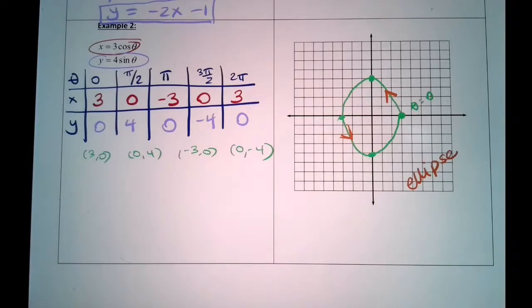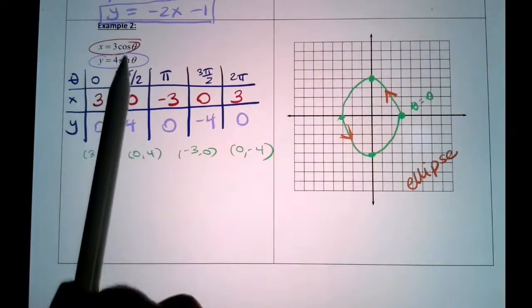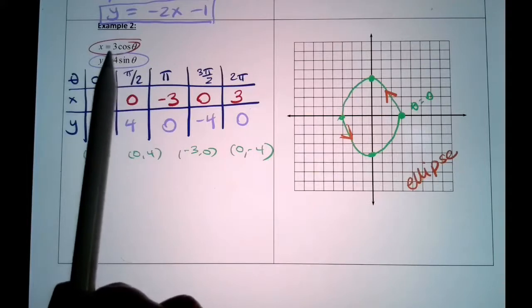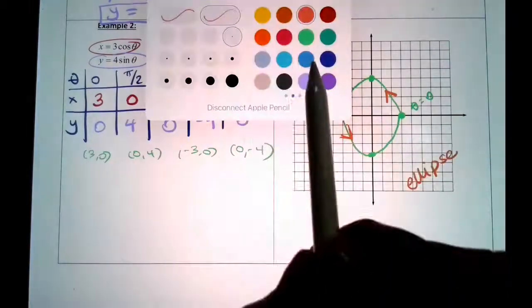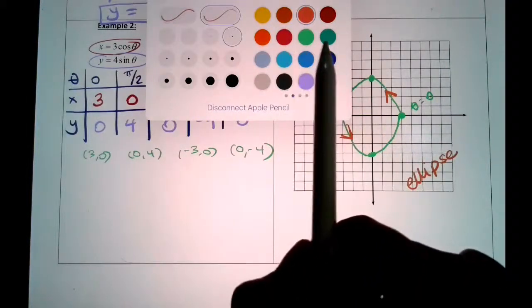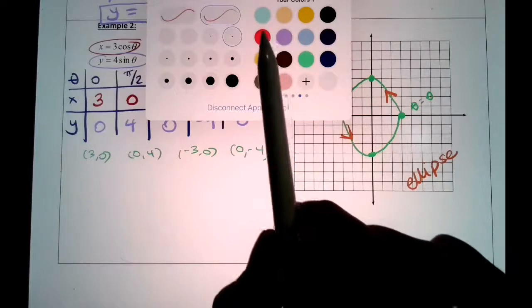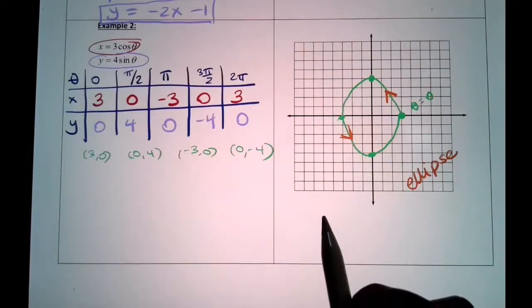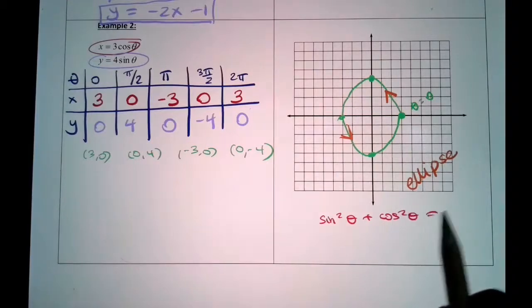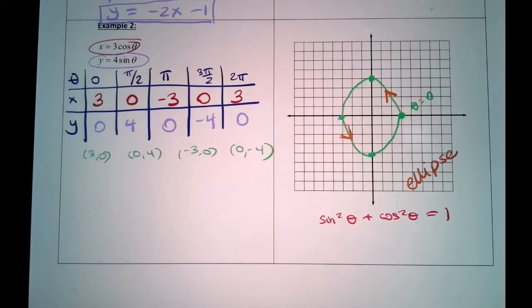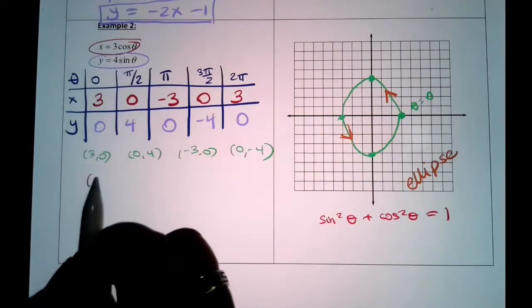For trig, what I'm going to capitalize on here is to take a look at my equations and see that one of the parametric equations involves cosine and the other involves sine. And I know that there's a really good identity from trigonometry that I am going to invoke here and remind myself of. And that's this: sine squared plus cosine squared is 1. I'm going to write what the squared means.